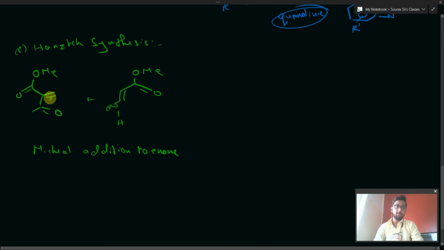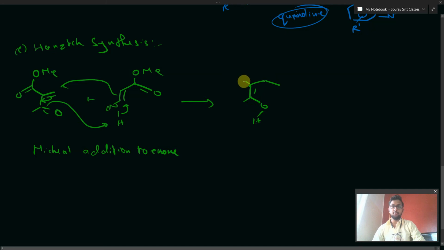The mechanism would be, this would be going over here, this would be attacking, sorry, this would be taking up this H from the system, then this bond will be going up, and that bond will be attacking over there. So what we'll be getting is a very big product, which has OH.